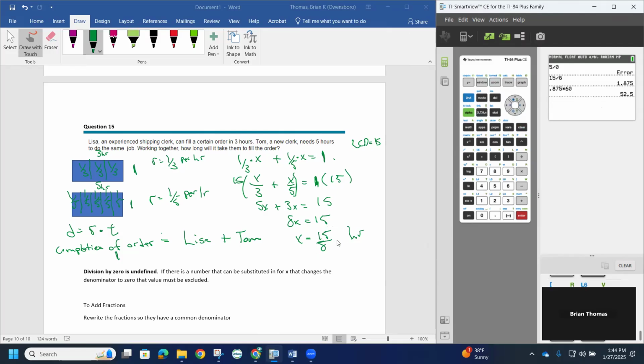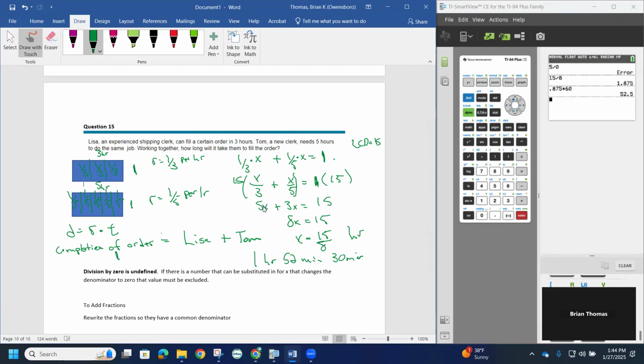So 15/8 hours does not reduce, but if I did change that out, that would be 1 hour, 52 minutes, and 0.5 minutes is 30 seconds. So 52 minutes and 30 seconds would be that conversion if I broke it down in hours, minutes, and seconds. That answer sounds reasonable because they should be much quicker together than they are separately.